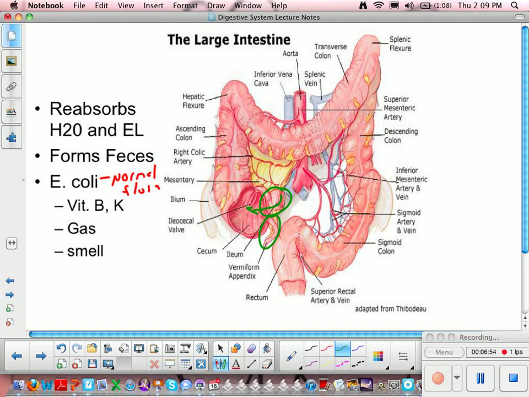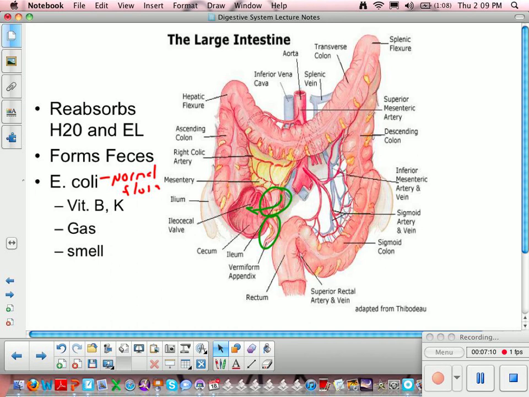your appendix. And for years, the appendix's function was not known, or whether it was good for anything. But one of the things we know the appendix is good for is to regrow the normal flora within the digestive system.